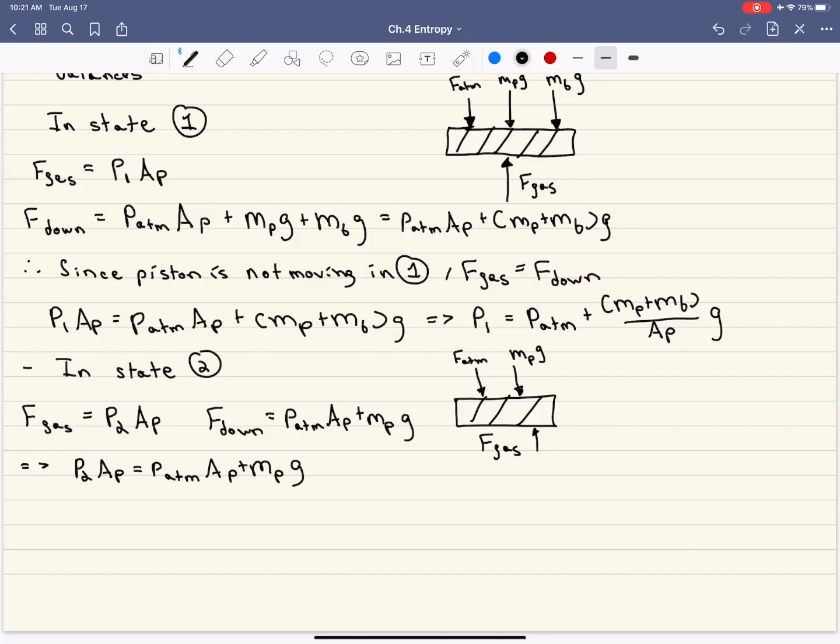If you solve for pressure 2, you have this. So this is pressure 2. And if we compare it to pressure 1, pressure 1 has this additional block term that pressure 2 is missing. And so that tells us that pressure 2 is going to be less than pressure 1.